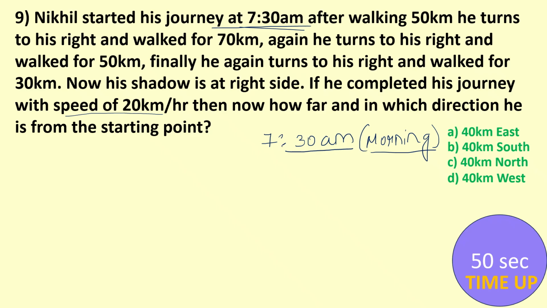So we'll go to the question now. He started his journey at 7:30 a.m., a.m. means morning time. After walking 50 kilometers, he turns to his right. They have not said whether it is towards north, south, or something, so you can start from anywhere.